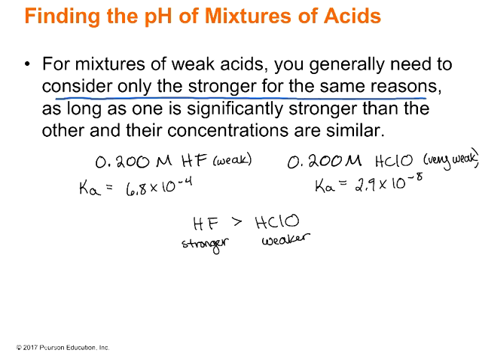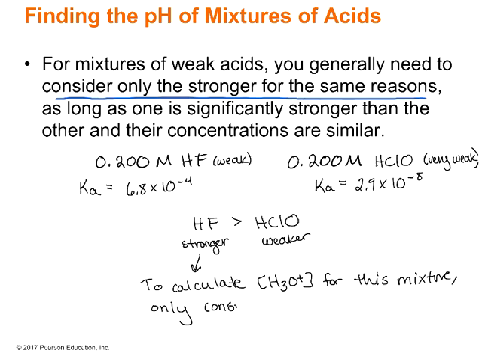So its concentration of hydronium ions at equilibrium is going to outweigh any contribution of hypochlorous acid hydronium ions. So to calculate the concentration of hydronium ions for this mixture, only consider the contribution from HF.